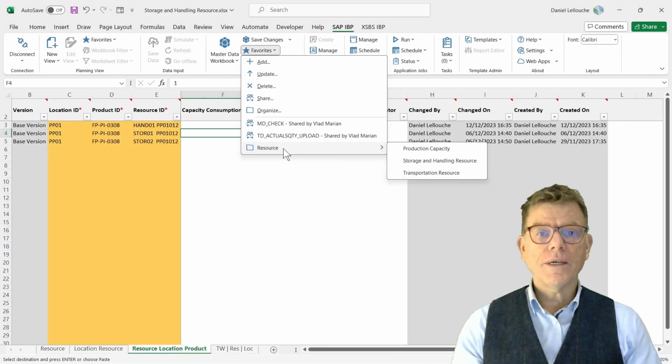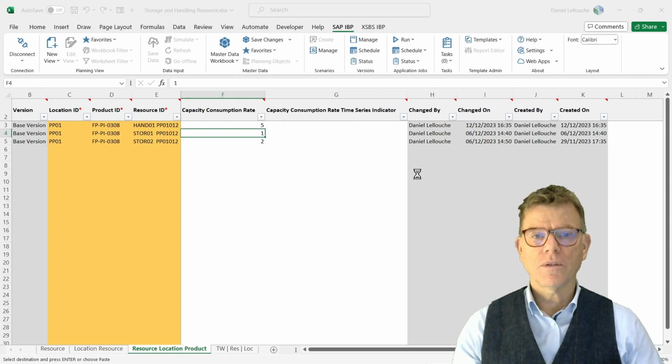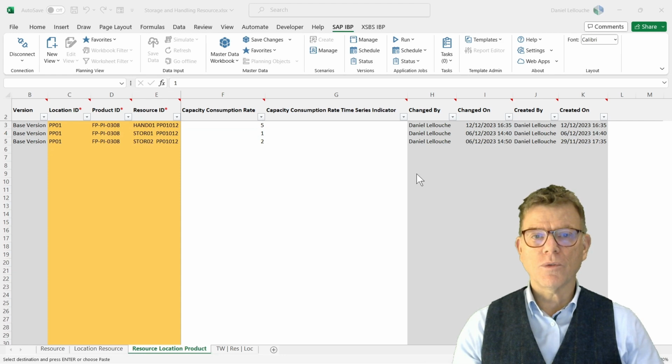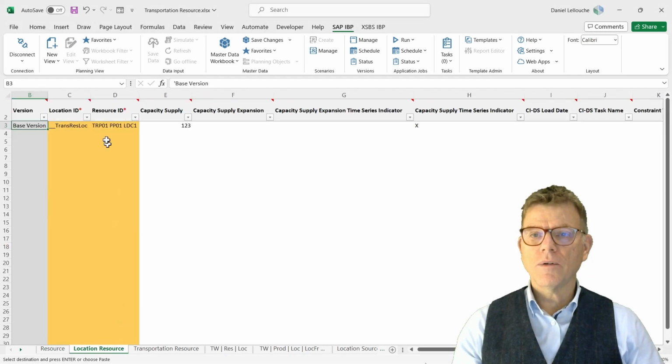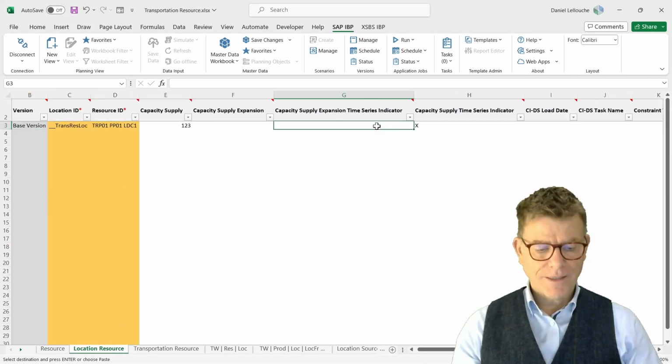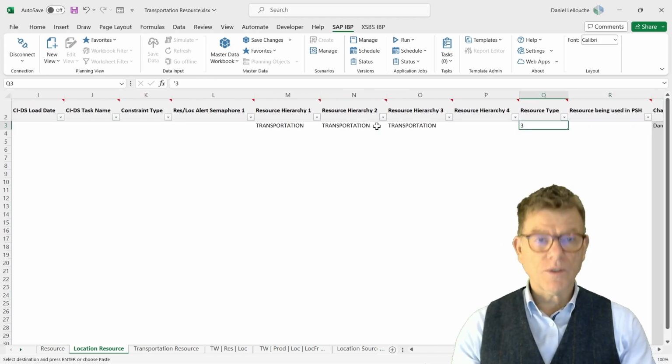Third, the transportation resource is a bit different compared to the others. So for that, of course, you have a similar master data type, like the resource, the same. Location resource, where you have to define for your transportation resource that it is of type 3, okay, as you can see here.